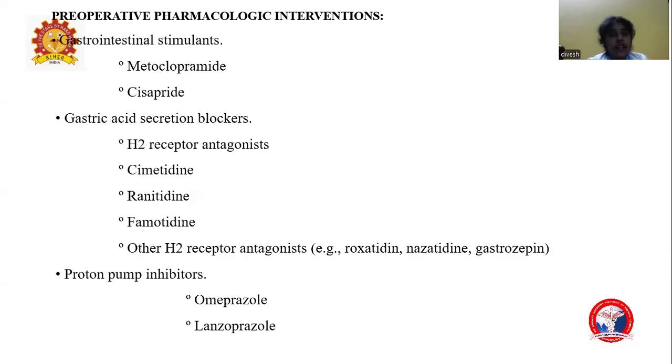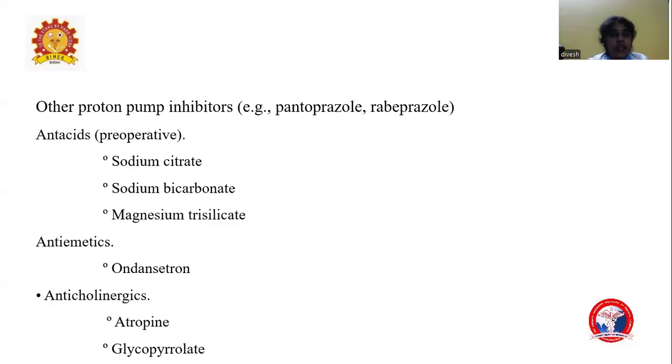Then gastric acid secretion blockers, that is H2 receptor antagonists: cimetidine, ranitidine, famotidine, and other H2 receptor antagonists are roxatidine, nizatidine, and lafutidine. Proton pump inhibitors: omeprazole, lansoprazole. The other proton pump inhibitors are pantoprazole, rabeprazole.